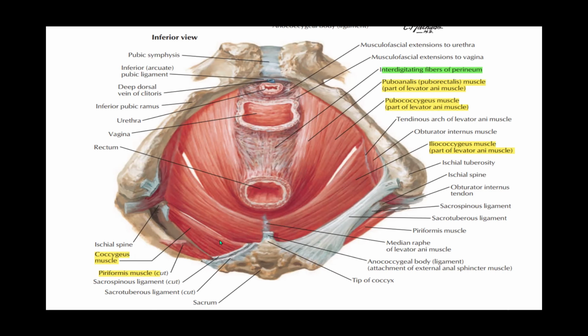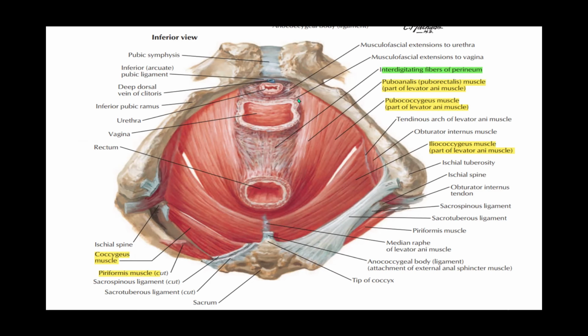There we can see the ischio-coccygeus or the coccygeus muscle, and we can see part of the piriformis muscle, cut section. In this inferior view, we can appreciate interdigitating fibers of the perineum.